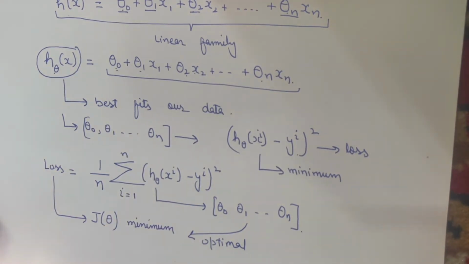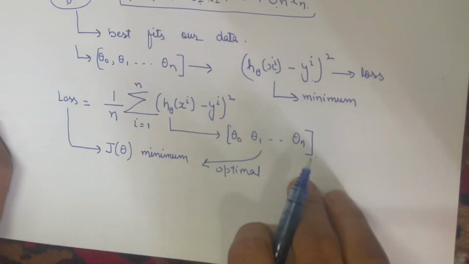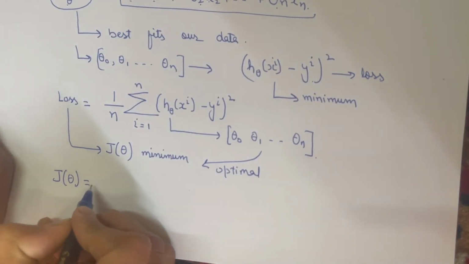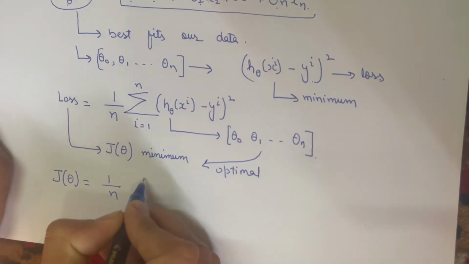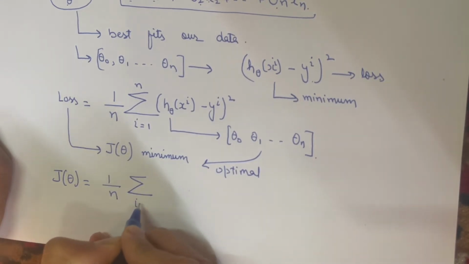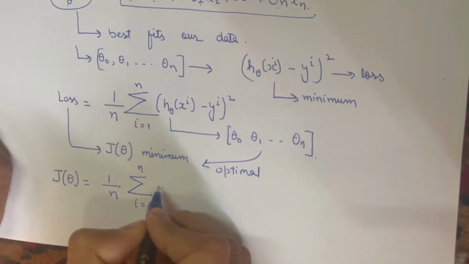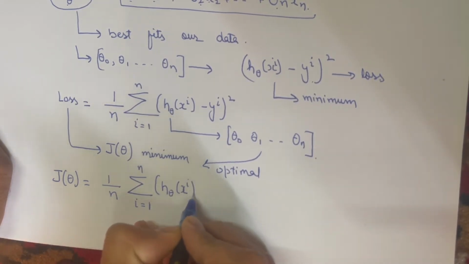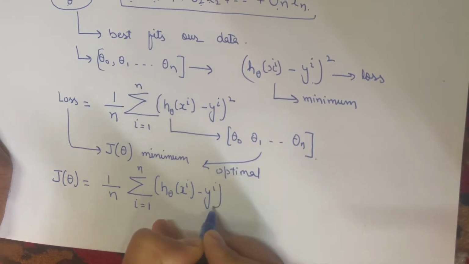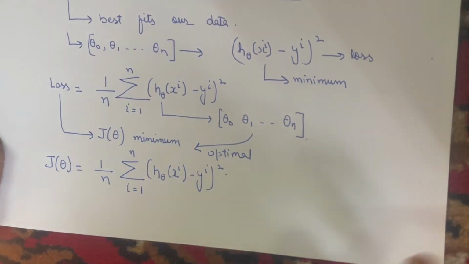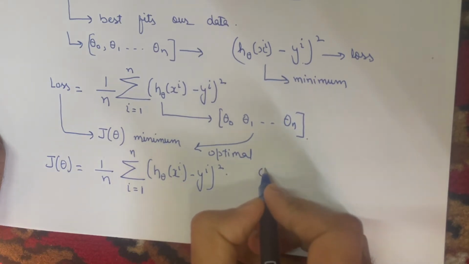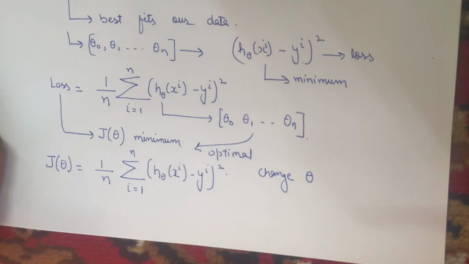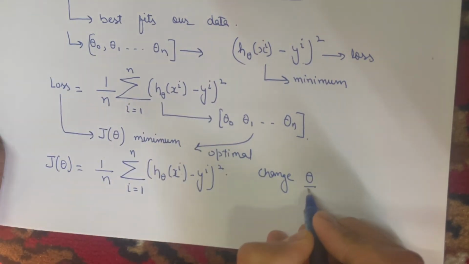Okay, so our aim is that we have this j theta is equal to 1 divided by n summation i running from 1 to n h of theta xi minus yi whole square. Okay, so what we are going to do, we will change theta. How we will change theta, we will see that later, but we will change these theta.